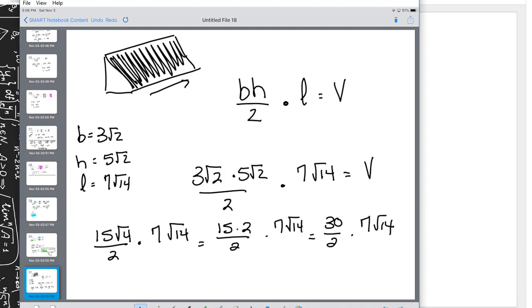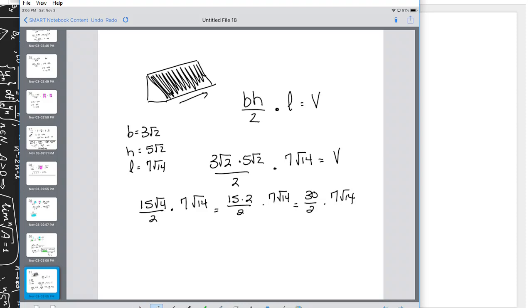Some of us might do this a different way. You might recognize shortcuts. 30 divided by 2 is 15 times 7 root 14. We can just multiply these straight across to get 15 times 7 is 105 root 14. Why can I do that? Well, essentially, we can look at 15 as 15 times root 1.